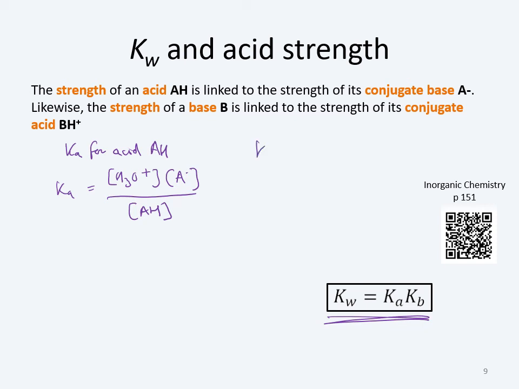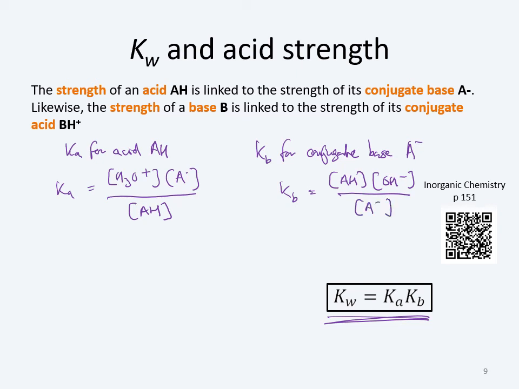We've also got Kb for the conjugate base A-, the conjugate base of the acid AH, and Kb is equal to the concentration of AH times the concentration of OH- over the concentration of A-.